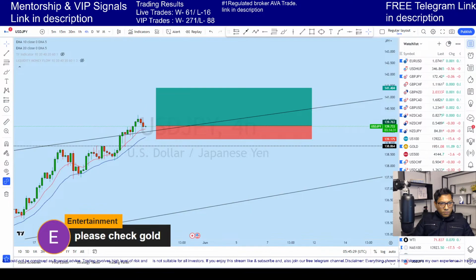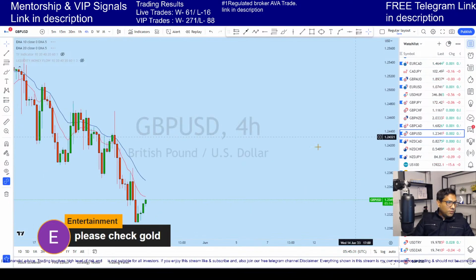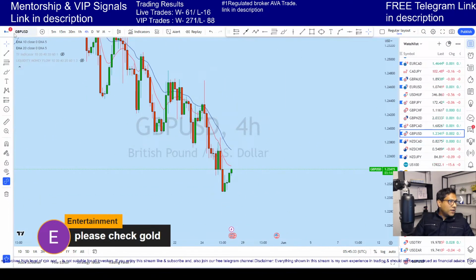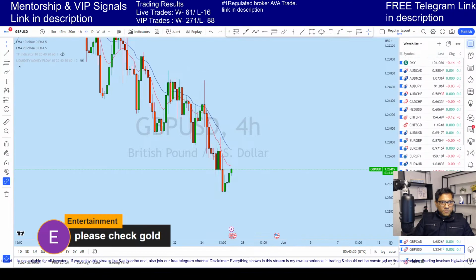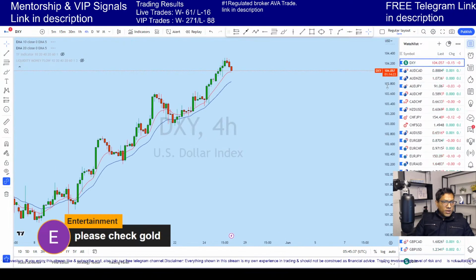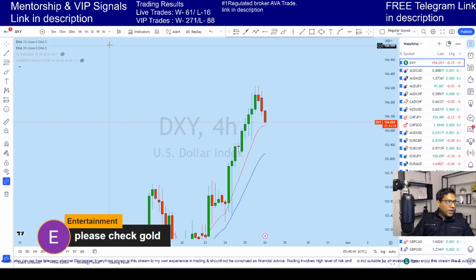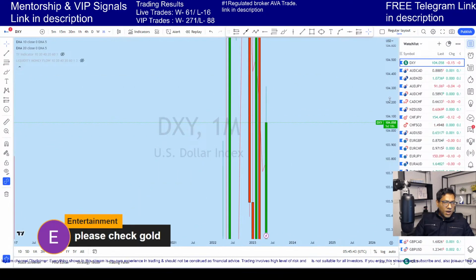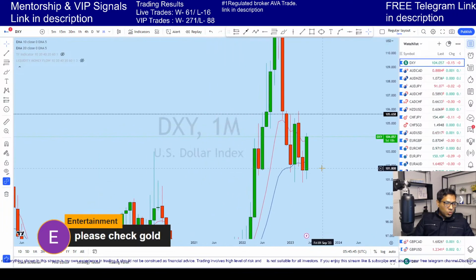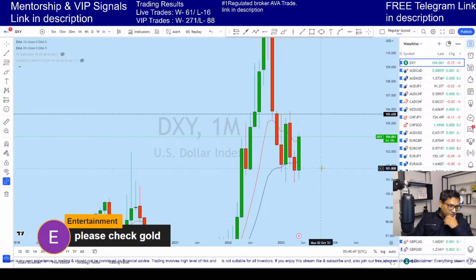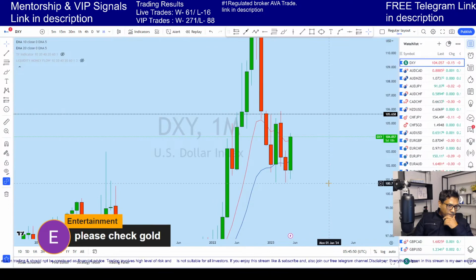So GBPUSD. Now before you go to the GBPUSD, let's look at DXY, how it is doing. If we look at the bigger picture, the monthly on DXY, from the monthly perspective, why do I look at the monthly time frame? It is because the higher time frame will always give you a clear direction in the market.